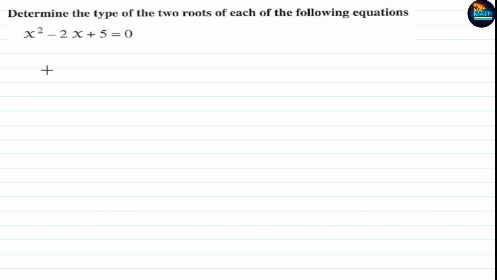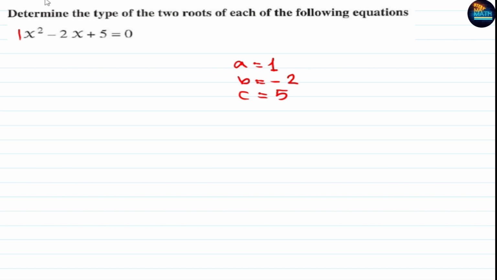So here we have a, which is the coefficient of x squared. So a is equal to 1, and b, the coefficient of x, is negative 2. And c, the absolute term, is 5. Now, what is the discriminant?